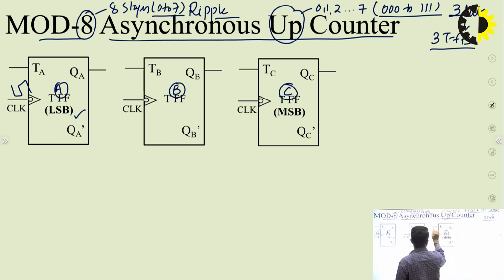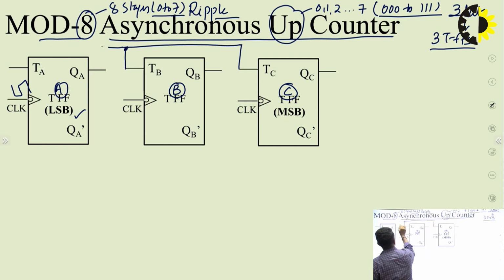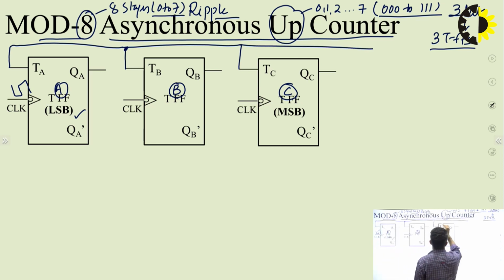So let's connect these T points. All these T inputs are connected, and they are connected to logic 1. So all T inputs are connected to logic 1.